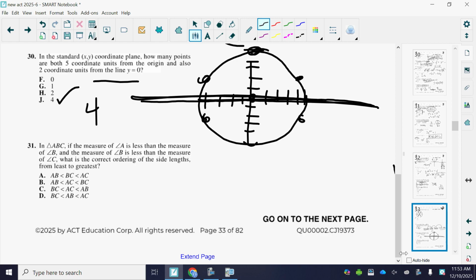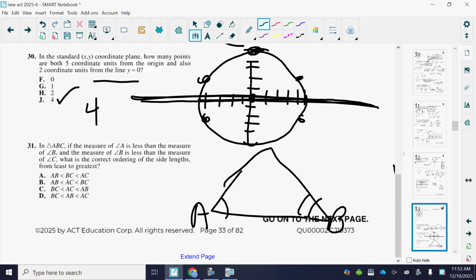They love this one. This was on the October test as well. You watching? Angle A is smaller than B. What does that mean? That means that the side over here, opposite, is bigger than the side over there. And what's C?